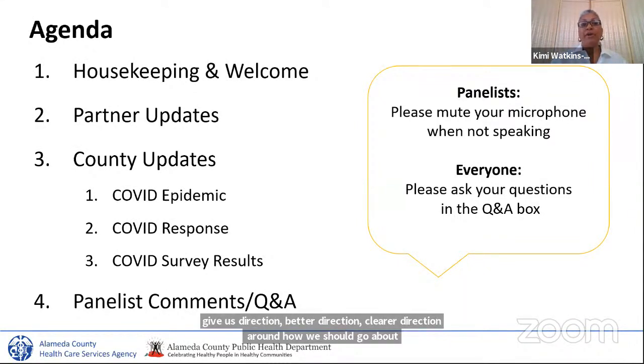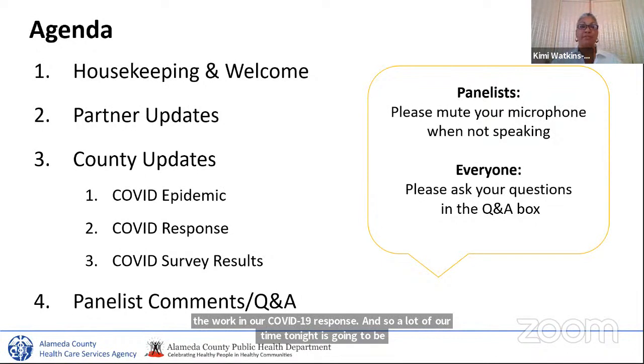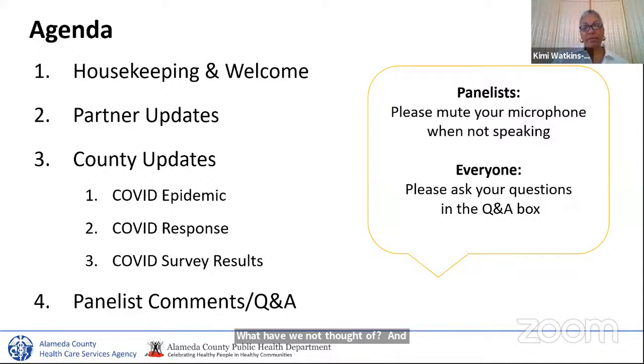And so a lot of our time tonight is going to be devoted to both giving information, but also asking you questions about what do you think about the approach we're taking? What else should we be considering? What have we not thought of? And so as we go through sharing information, please keep those things in mind.